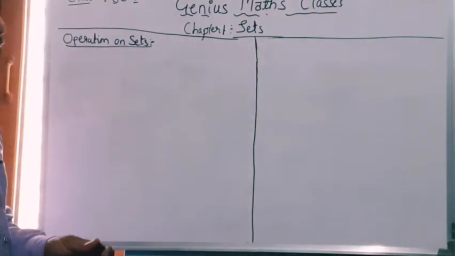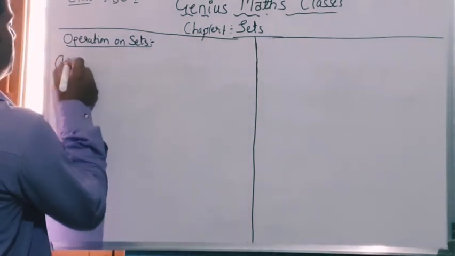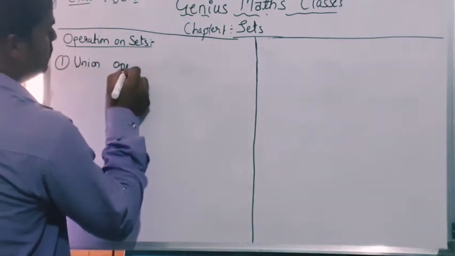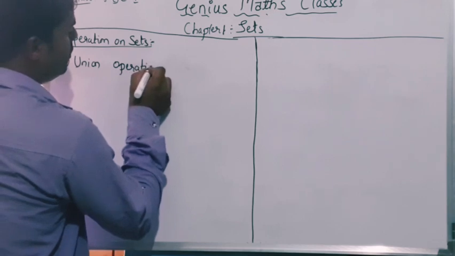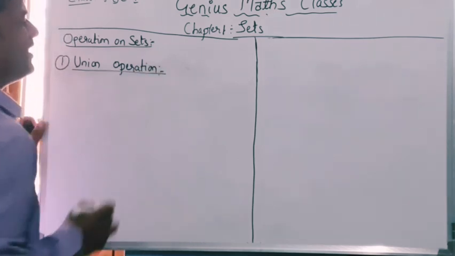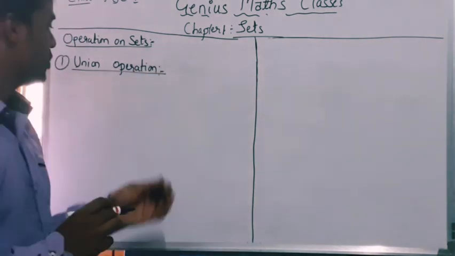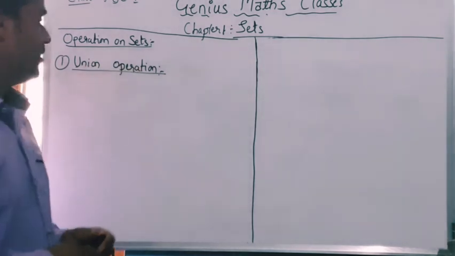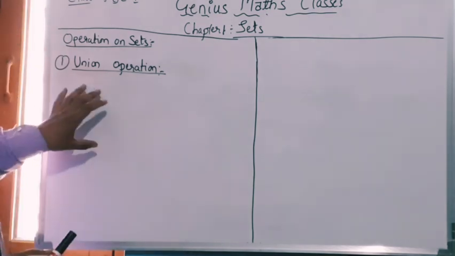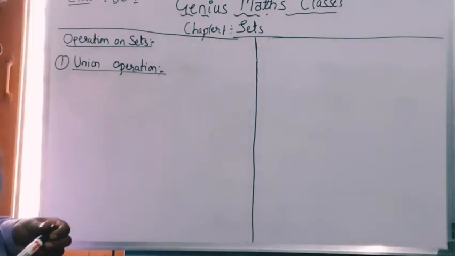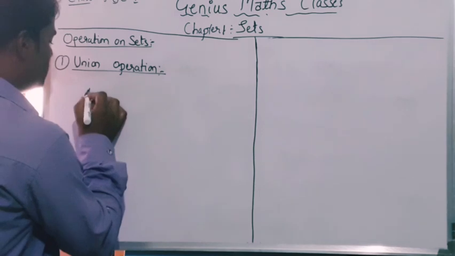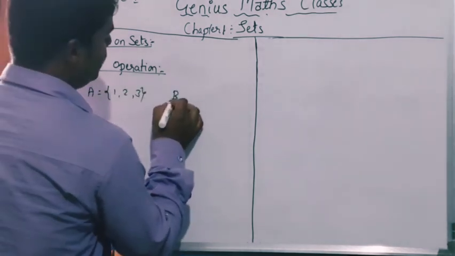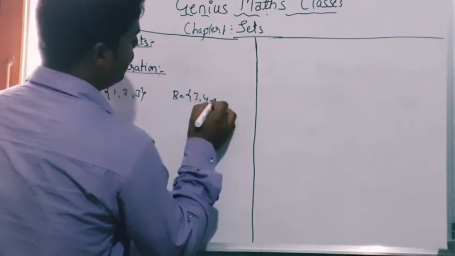The first one is the union operation. In general, just think, union means combining. So if two sets are given, suppose A equals 1, 2, 3 and B equals 3, 4, 5.